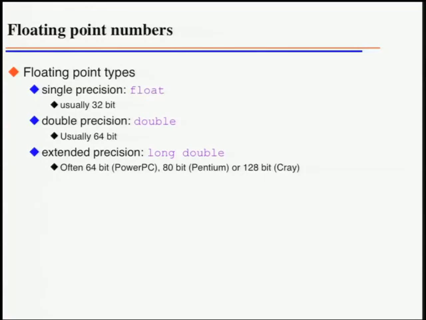There's a double precision double, which is usually 64-bit, and an extended precision, the long double, which might or might not be more precise than the double type. A lot is implementation defined to allow each vendor to implement something fast on his architecture.